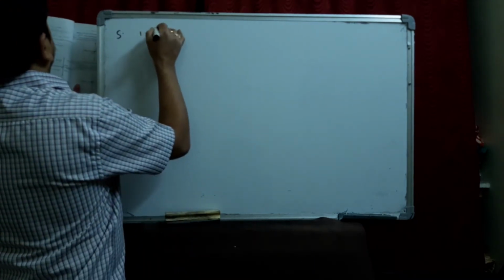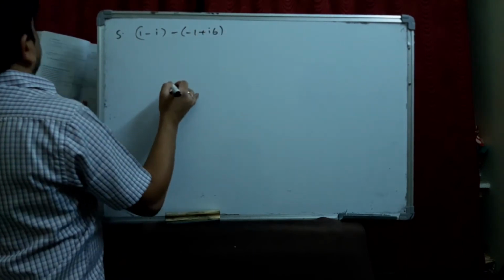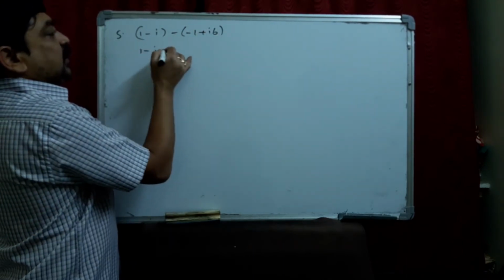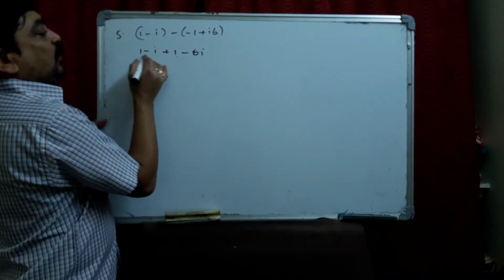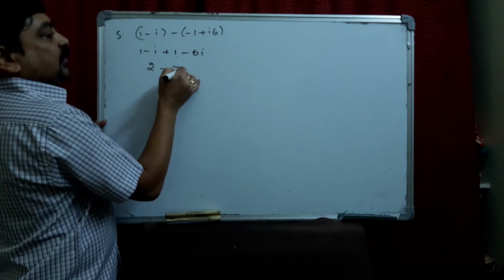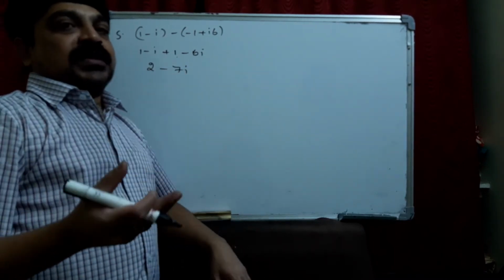Now see the fifth problem. 1 minus i minus of minus 1 plus i into 6. Now let us multiply. 1 minus i plus 1 minus 6i. Now 1 plus 1 becomes 2 minus 7i. See what to do when you have some combination of real numbers and imaginary numbers.